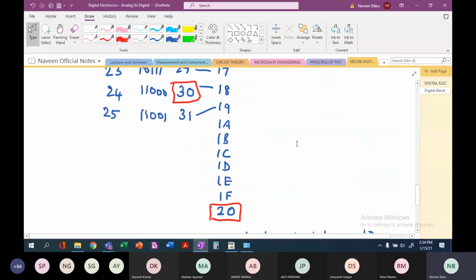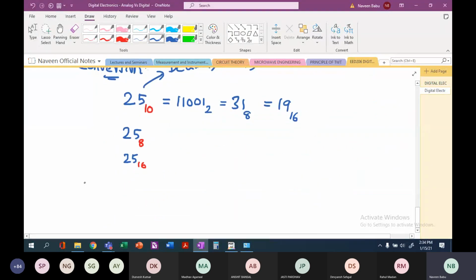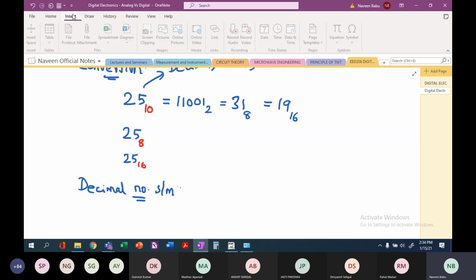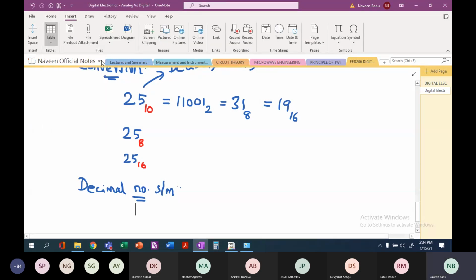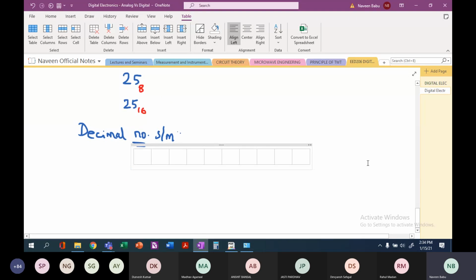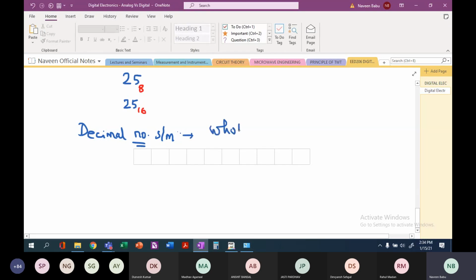Maybe I'll redraw this particular part. If I'm having a decimal number system, say for example, the number can be a whole number or an integer, or it can be a fractional or decimal number.